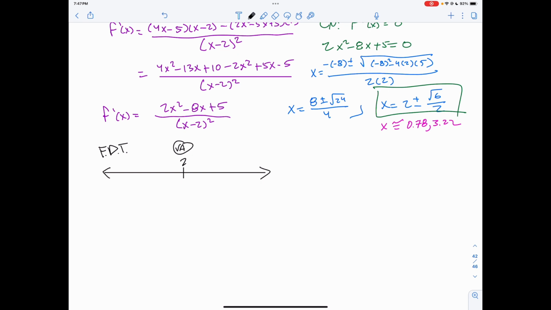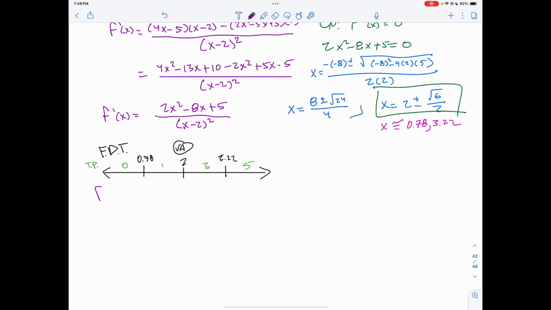We have that 0.78, and we have the 3.22 approximately for the 2 plus or minus root 6 over 2. And so I'm going to pick some test points. I'm going to say that I have x is equal to 0, x is equal to 1, x is equal to 3, and x is equal to 5.